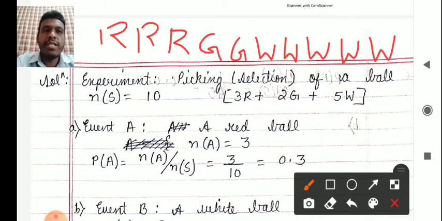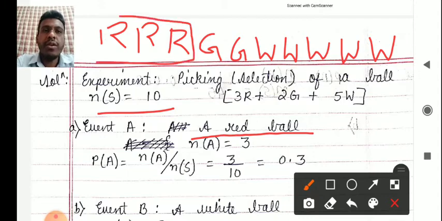So the total items in the sample space were 10, so n(S) was equal to 10. Now event A says that it is a red ball, so n(A) will be equal to 3 because we have 3 red balls.